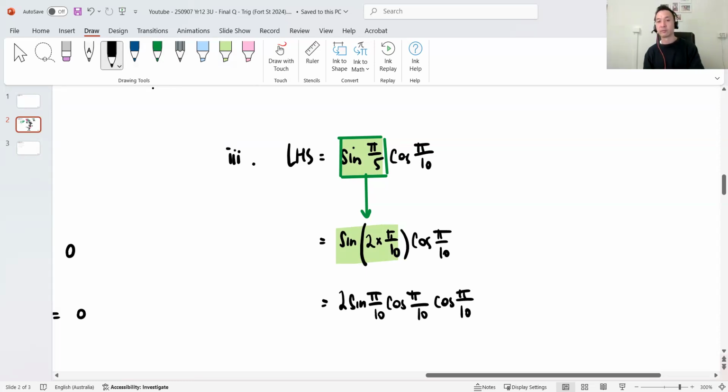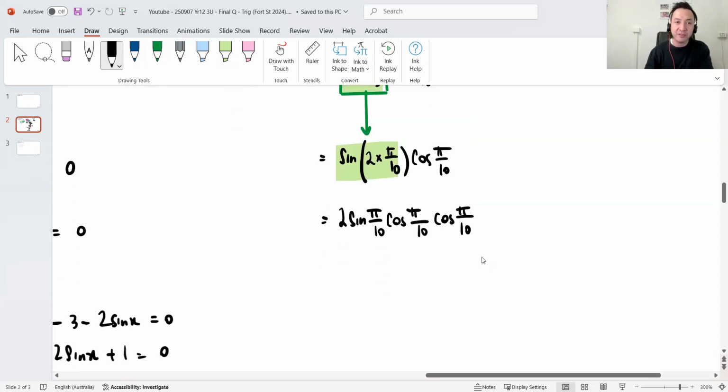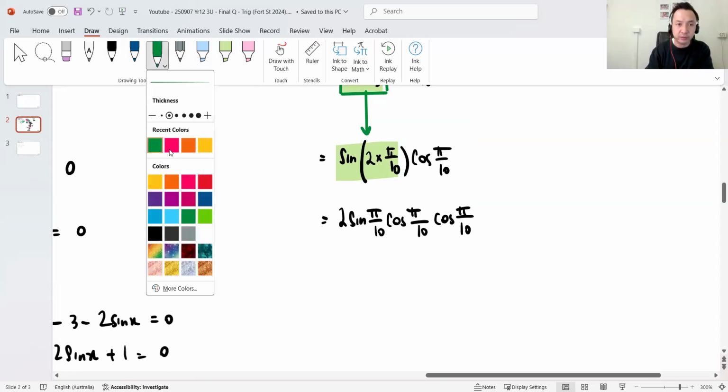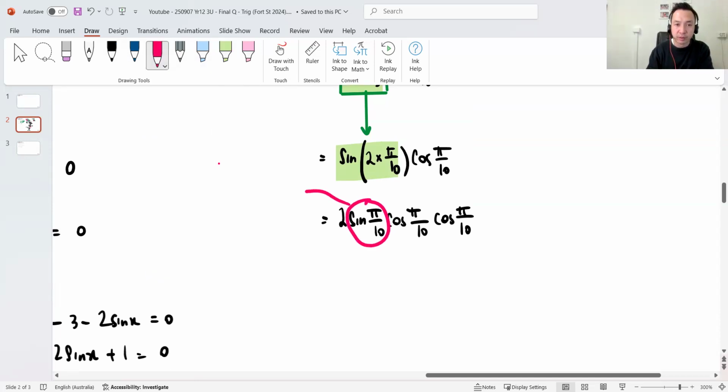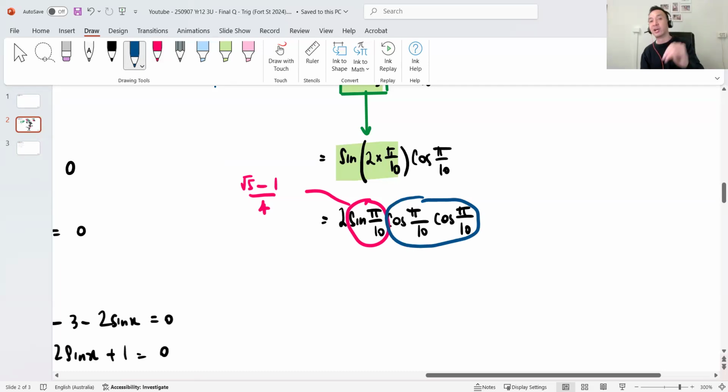Now, this is good because now I have the ability to sub in what I want. This guy here is equal to root 5 minus 1 on 4, from part A. And then this guy over here becomes cos squared, which I can turn into sine squared, and then sub it in again, and then it's just numerical simplification.